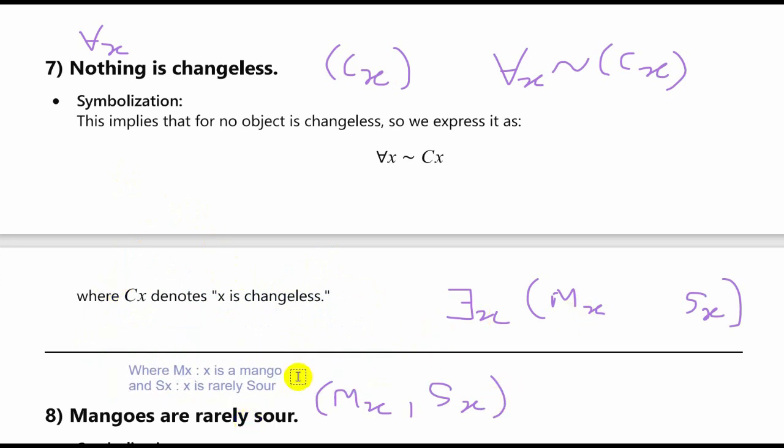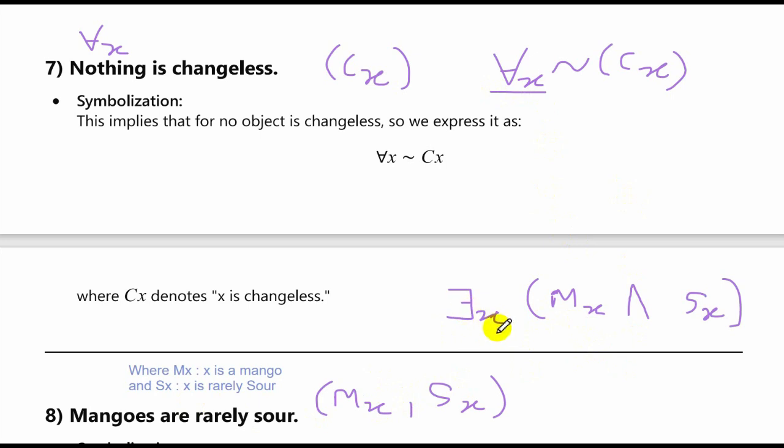Now, if you have to quantify this, X is a mango, X is rarely sour. We know that for the existential quantifier, we have to use the AND symbol, the conjunction symbol, and for the universal quantifier, we have to use the implies sign. Now, let's read this.